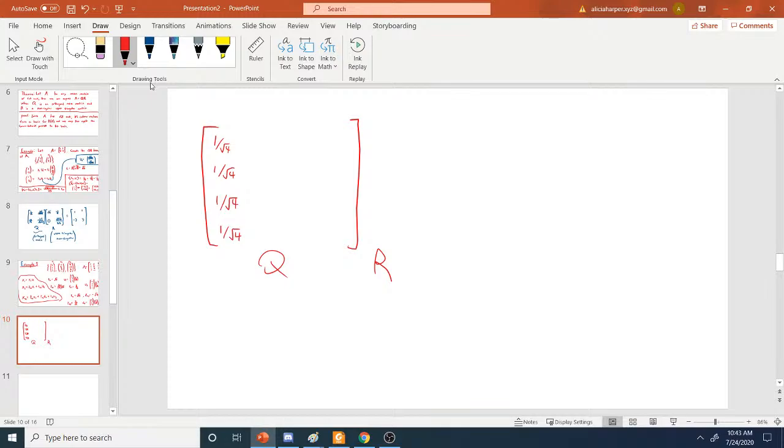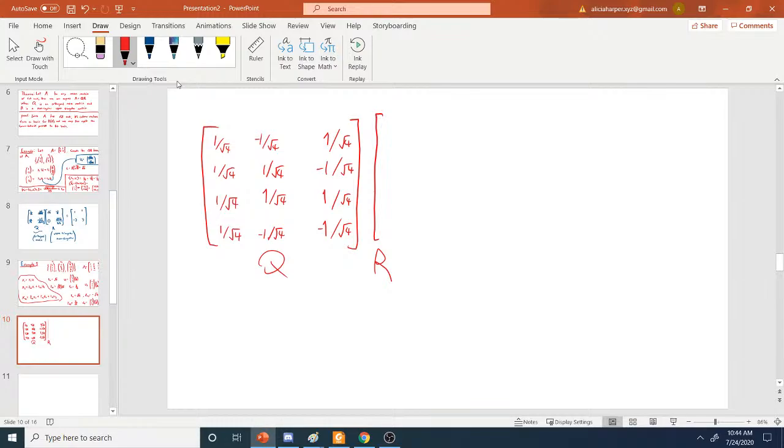The second is going to be negative 1 over the square root of 4, or actually, sorry, positive 1 over the square root of 4, positive 1 over the square root of 4, and negative 1 over the square root of 4. And the last one is 1 over the square root of 4, negative 1 over the square root of 4, positive 1 over the square root of 4, and negative 1 over the square root of 4.